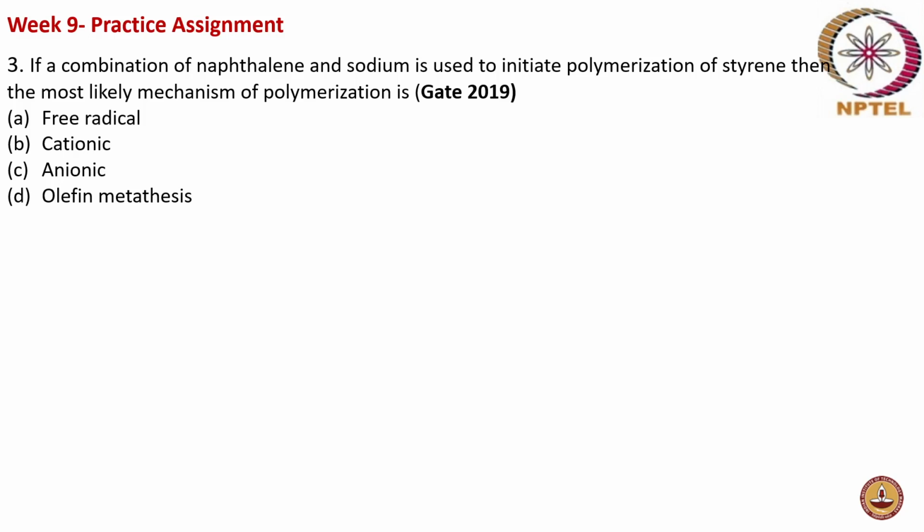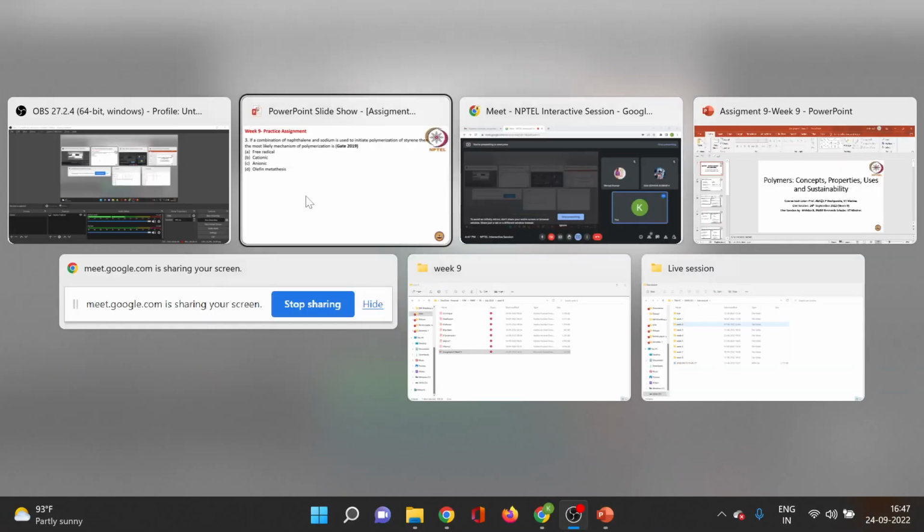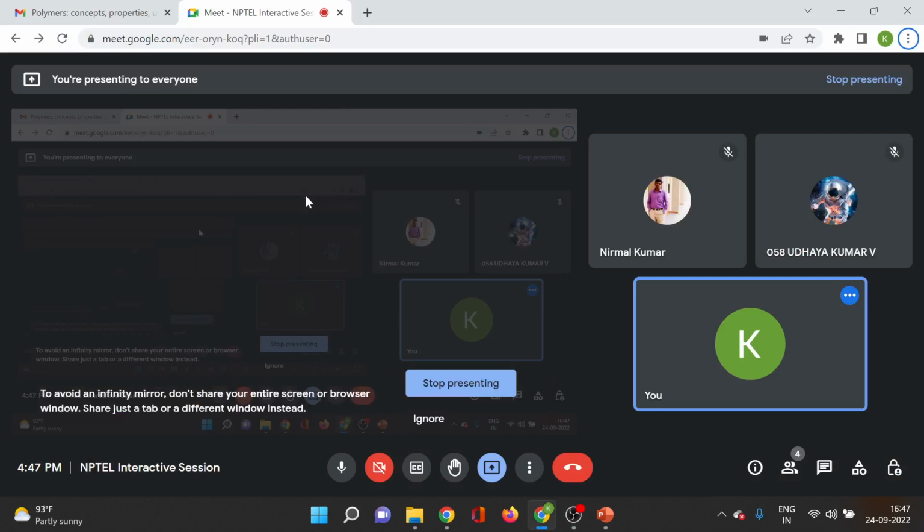Maybe you can just mute yourself and type in this chat box. You both want to think for a while, or shall I say why and how?